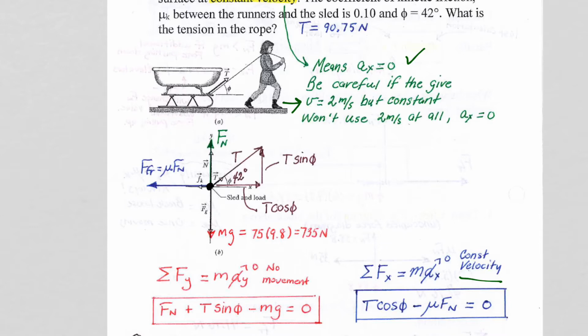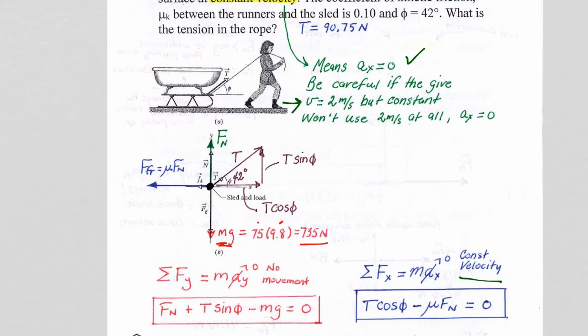I will normally put gravity in first because gravity acts straight down. mg, I don't write it in as F sub g or W, I just go right to mg, 75 kilograms times 9.8 meters per second squared, so we have a 735 Newton force pushing down.